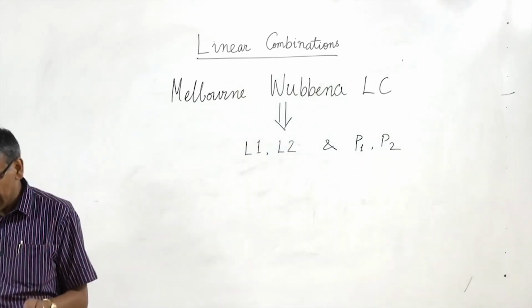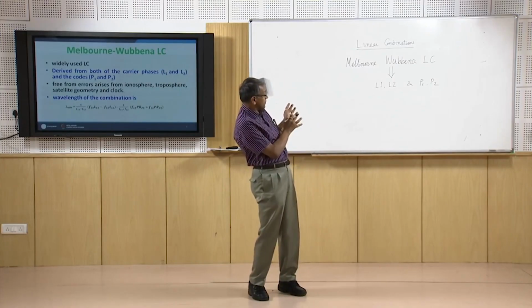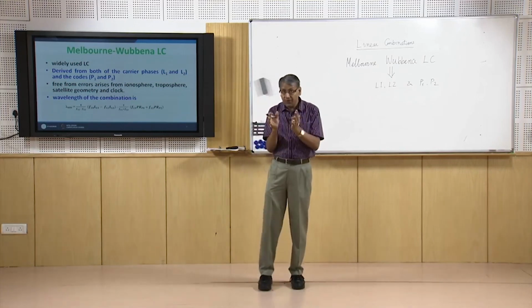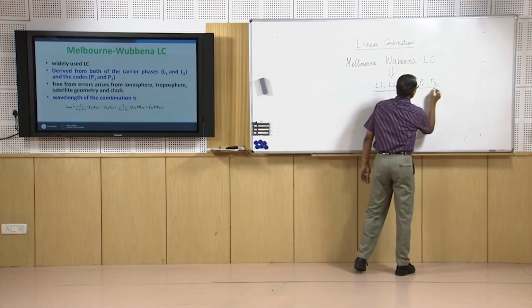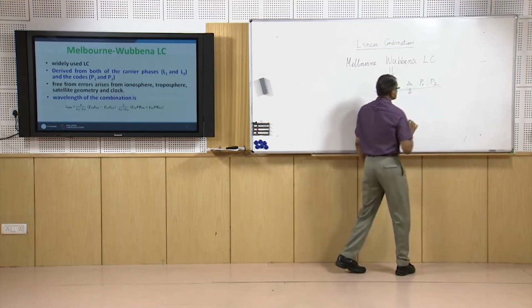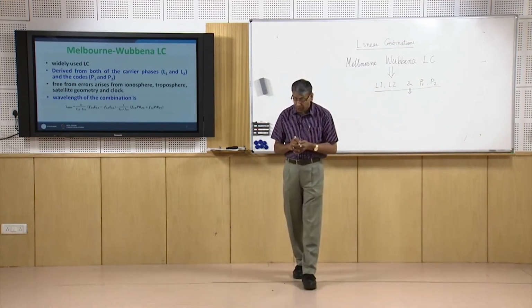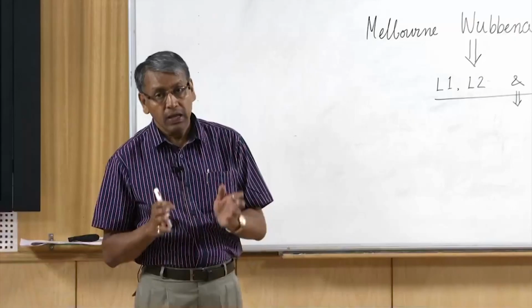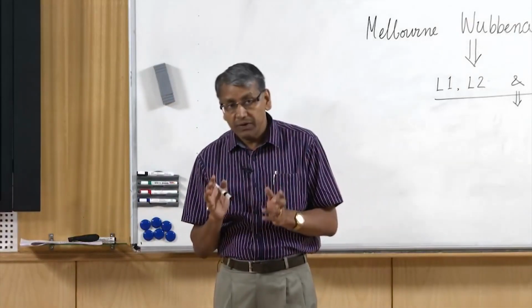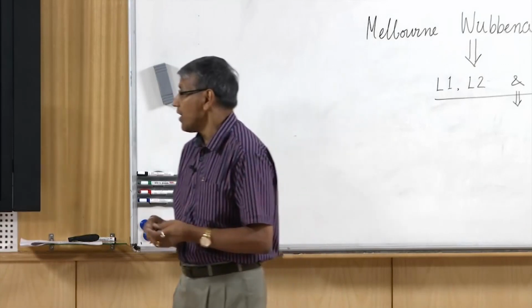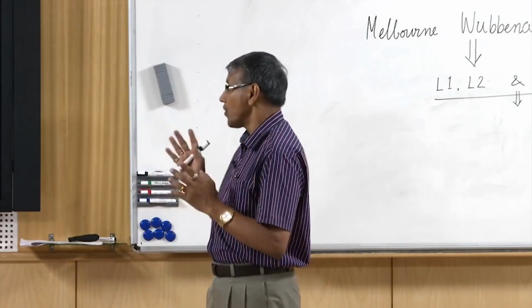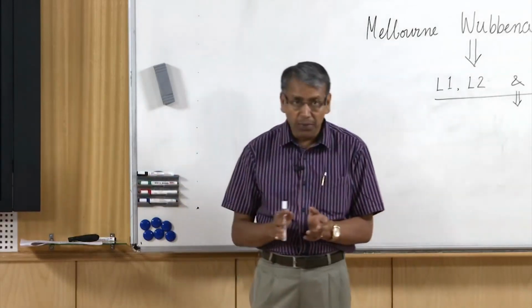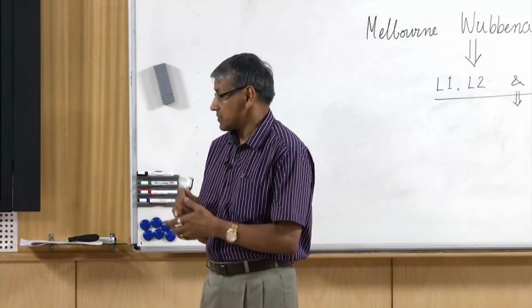So, in this case both the carrier phase observable as well as the pseudo range observables get combined, as the objective is to reduce error, and as a result we get observables which are free from errors arising out of ionosphere, troposphere, satellite geometry as well as clocks.